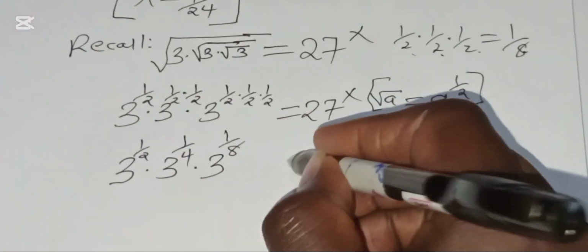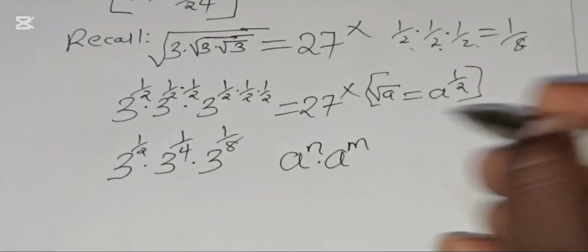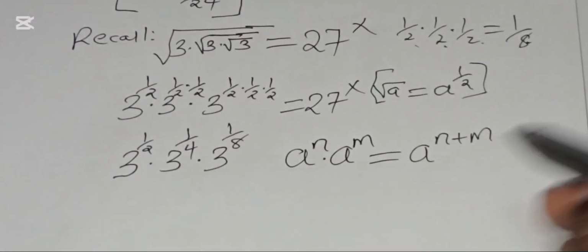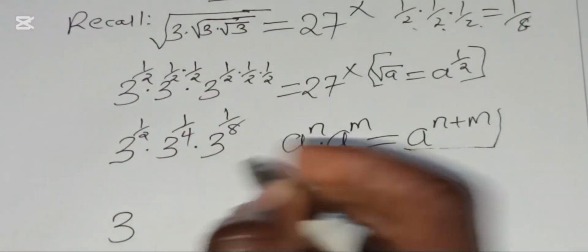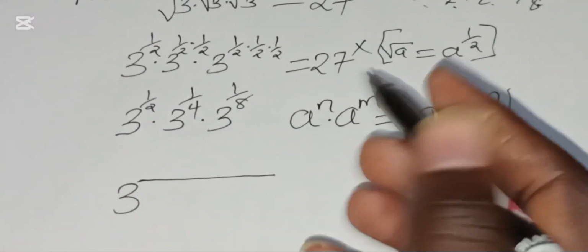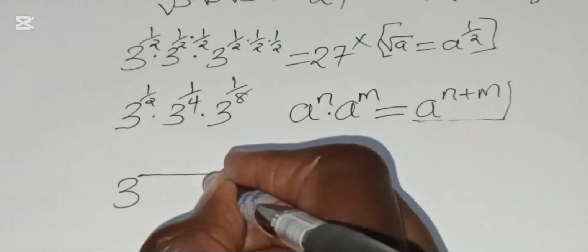This is in the form of a raised to power n multiplying by a raised to power m, which we can express as a raised to power n plus m. So let's express it in this form. Now we can form an LCM here. The LCM of 2, 4, and 8 is 8.